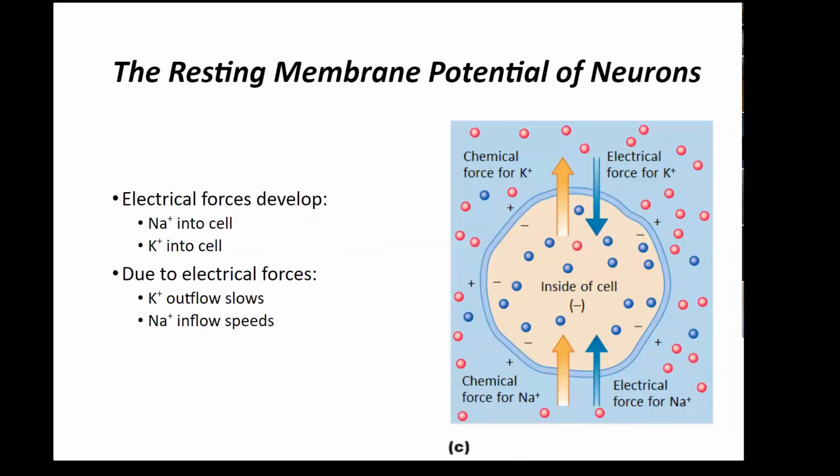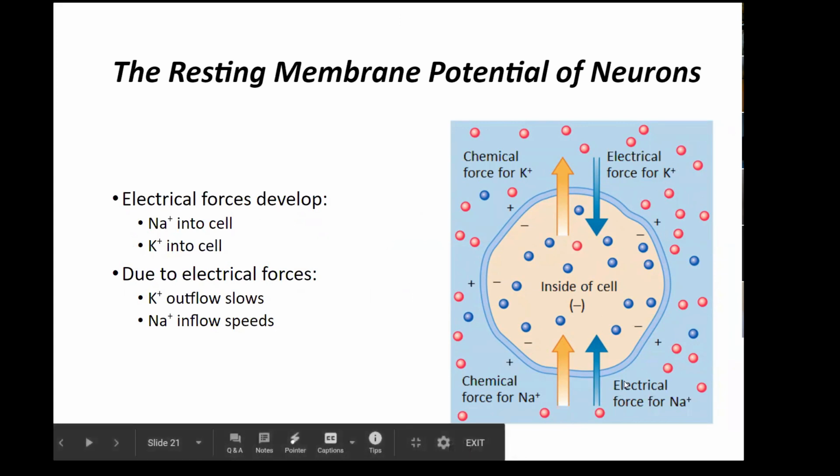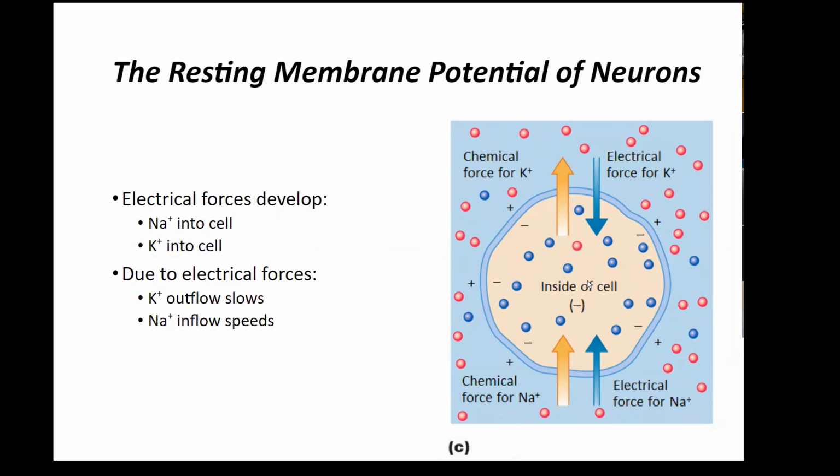Okay. This is leading electrical forces to develop. So our electrical force for both of these ions, because both of these ions are positively charged, as the inside of the cell becomes negatively charged because potassium is escaping really fast, this means that the electrical force for both of these ions is pointing into the cell.